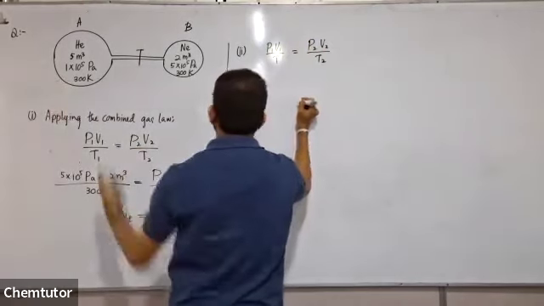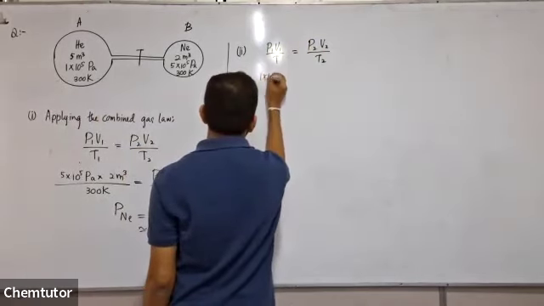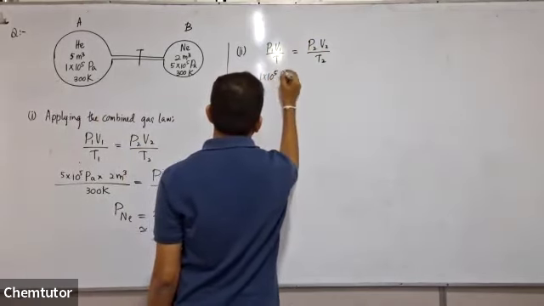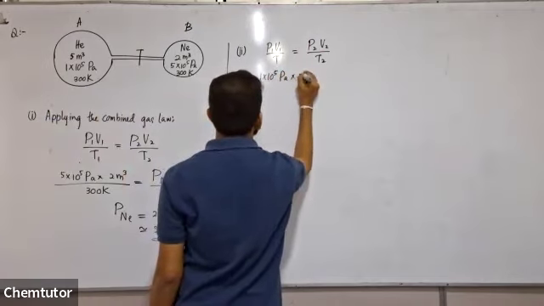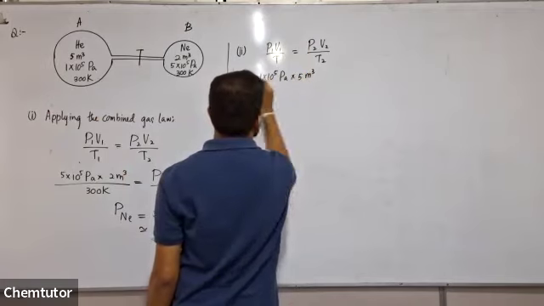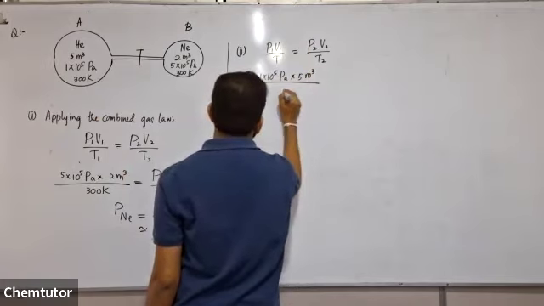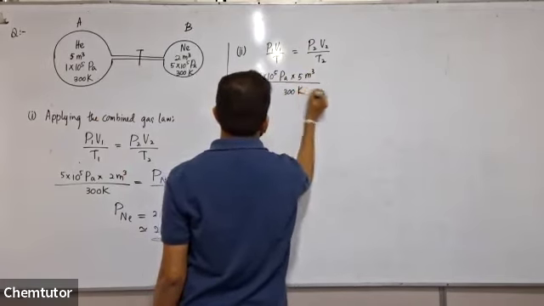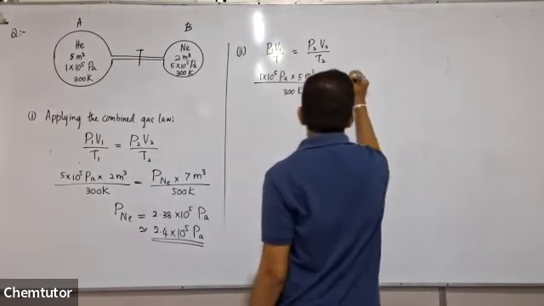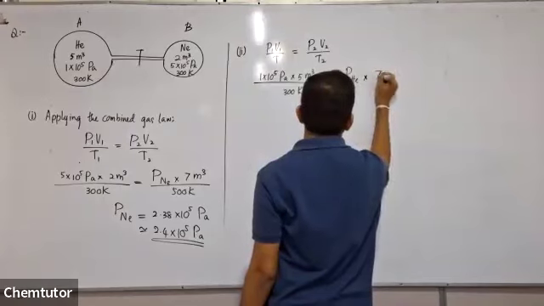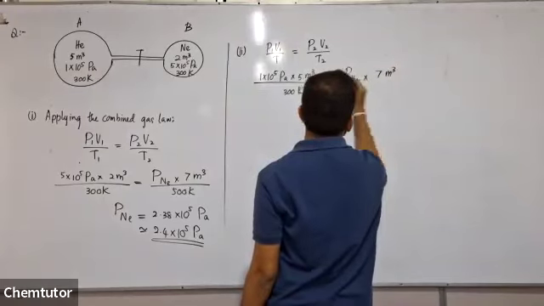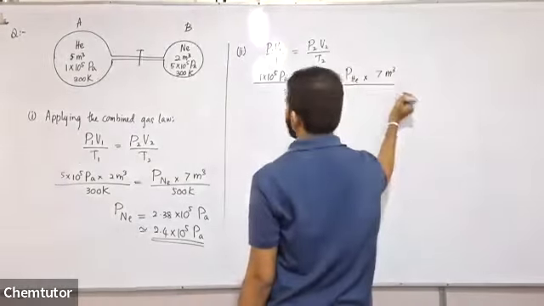Initial pressure of helium is 1 into 10 to the power 5, when the volume is 5, temperature is 300. New pressure is the thing that we need to find out, pressure of helium, into new volume 7, new temperature 500.